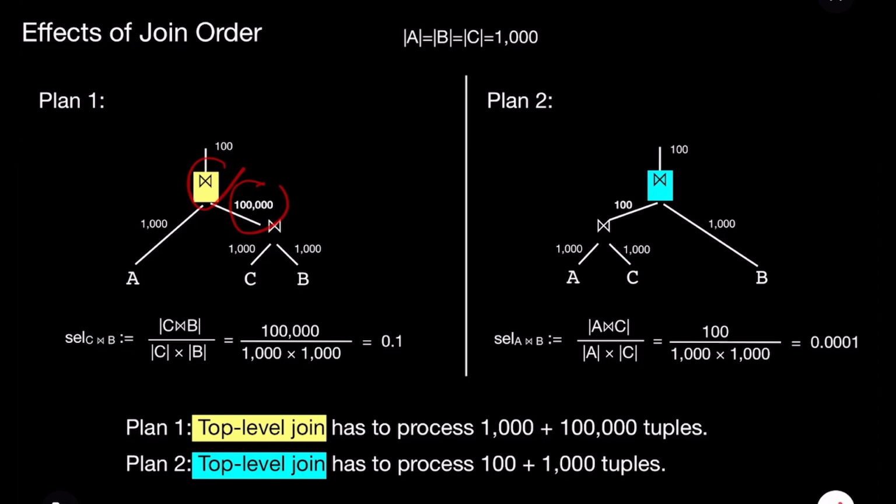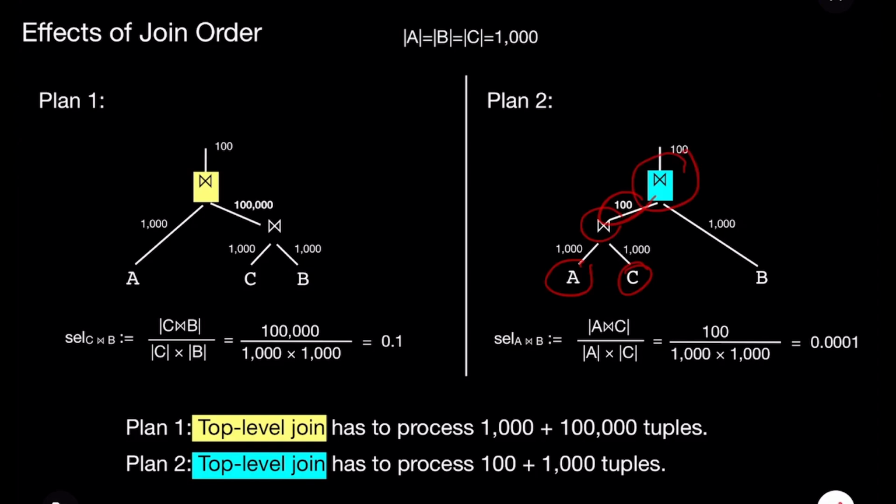What we will be using in the following is a rationale where we say, can't we minimize the intermediate result sizes? If I have a situation where I first join A with C, and the intermediate result only contains 100 tuples, that makes this join so much cheaper.